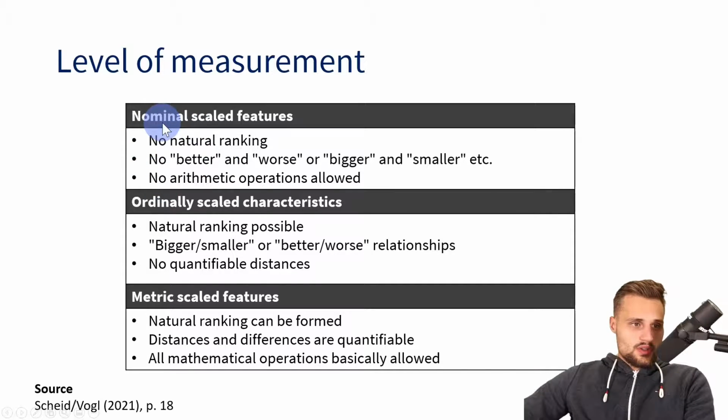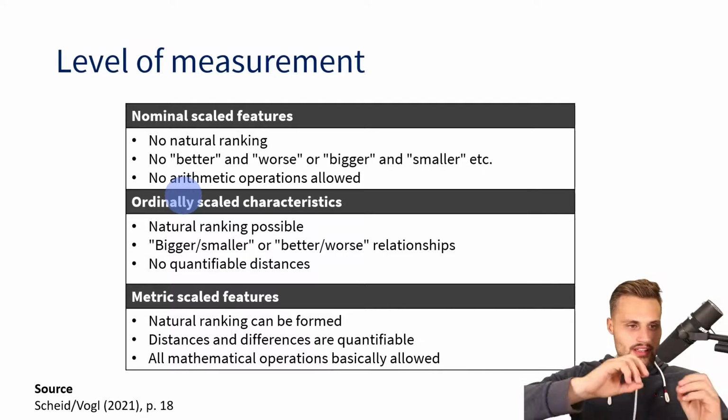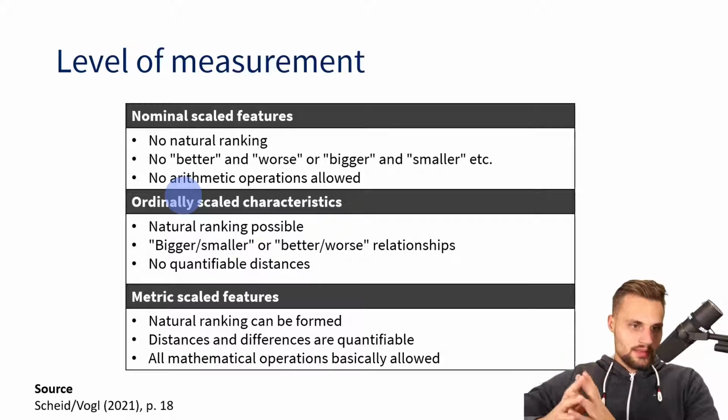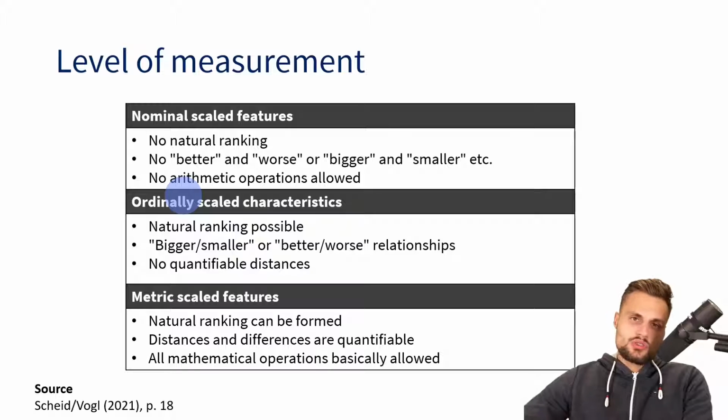Besides those nominal scale features, there are also the ordinally scaled characteristics. The difference between ordinally and nominally scaled features is just that here we can apply a natural ranking. We can say that one characteristic value is bigger or smaller than the other, and a better-worse relationship is also possible. A really popular example is school grades.